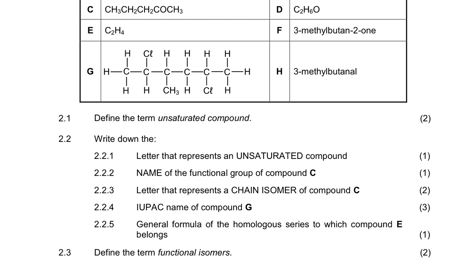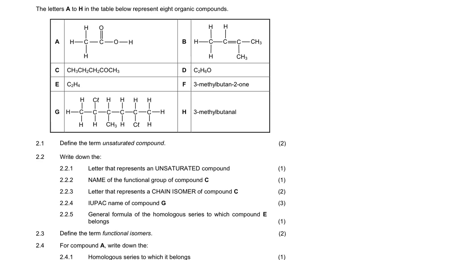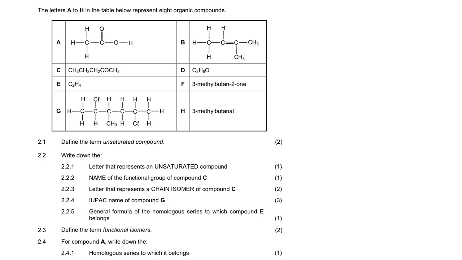Question 2.2.1: the letter that represents the unsaturated compound. So now, if we go back to what we've solved, let's take a look at that. I'm going to move this over, and then bring in what I have already solved.